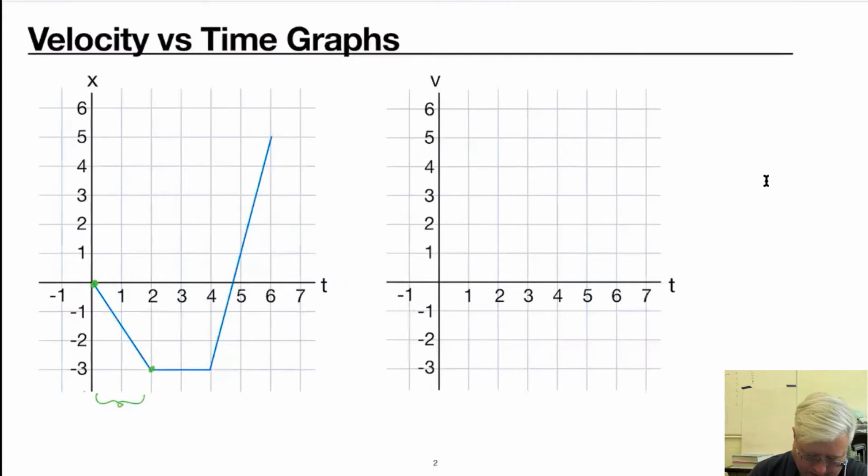So that would be minus 3 minus 0 over the time, which is 2 minus 0. Notice that gives us minus 3 halves, or minus 1.5. I didn't put any units here, but maybe they're meters per second.